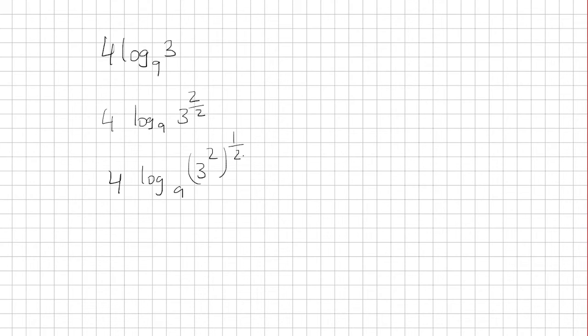The 1/2 refers to the square root, so it's like you're squaring it and square rooting it. That's going to cancel and you'll be left with 3. And so this 1/2 will come out in front. We have 4 times 1/2 times log base 9 of 3 squared, which is 9. These two are the same, so this log is going to be 1. 4 times 1/2 is 2. 2 times 1 is 2.